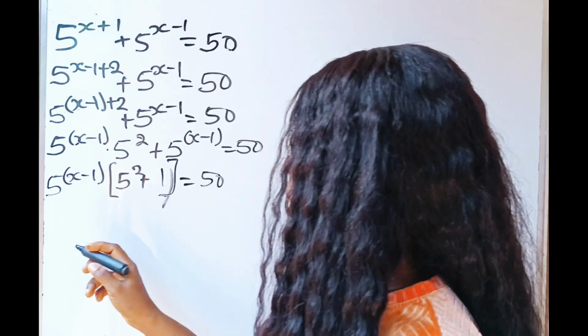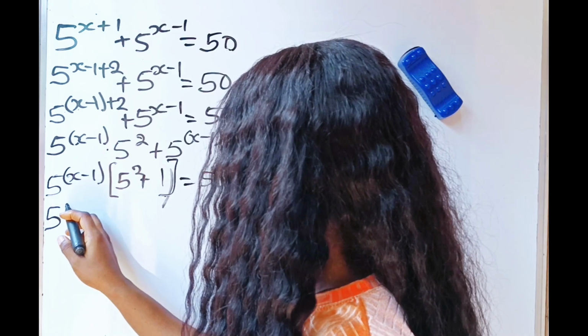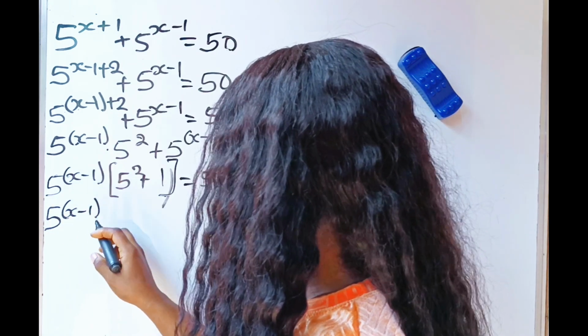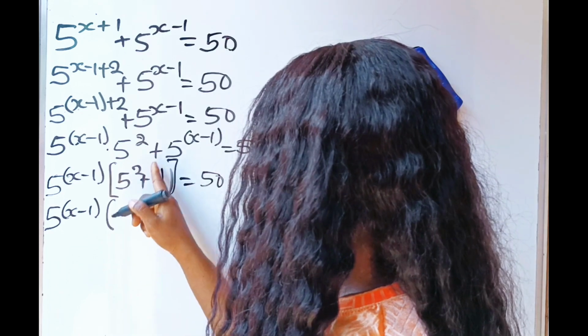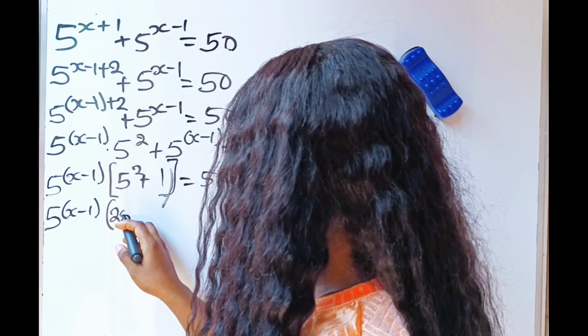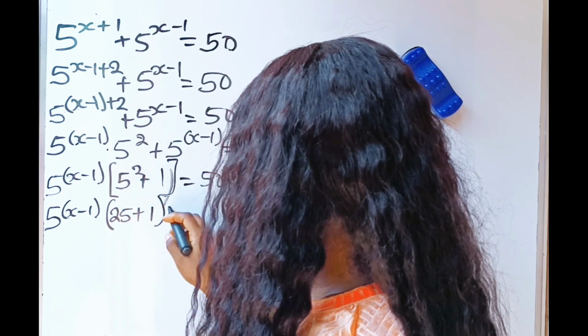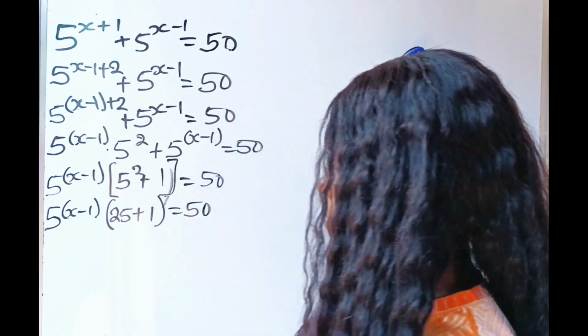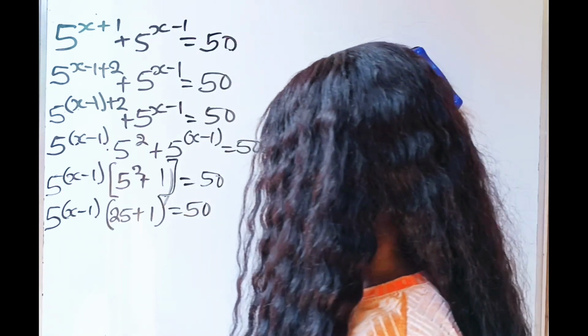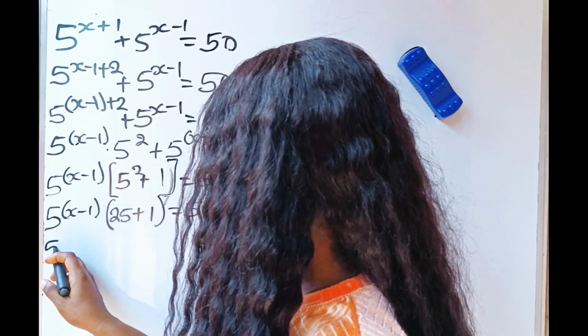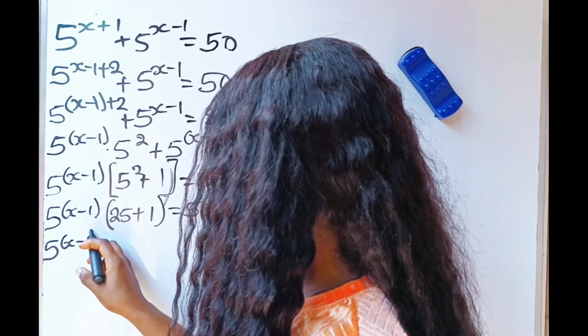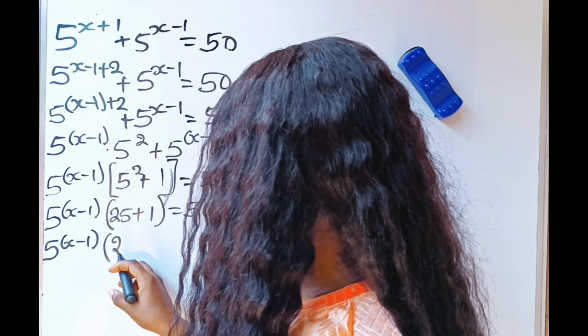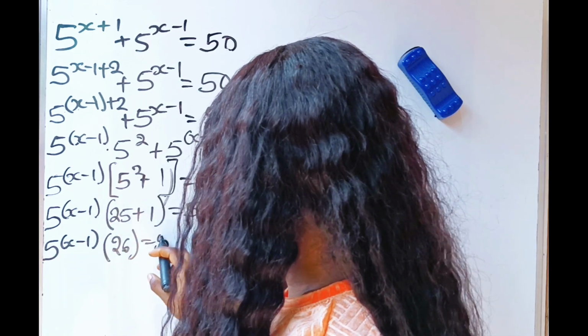Okay, so we have 5 to the power of x minus 1, bracket. Now 5 squared will give us 25, plus 1, is equal to 50. Okay, now 5 to the power of x minus 1, bracket 26, is equal to 50.